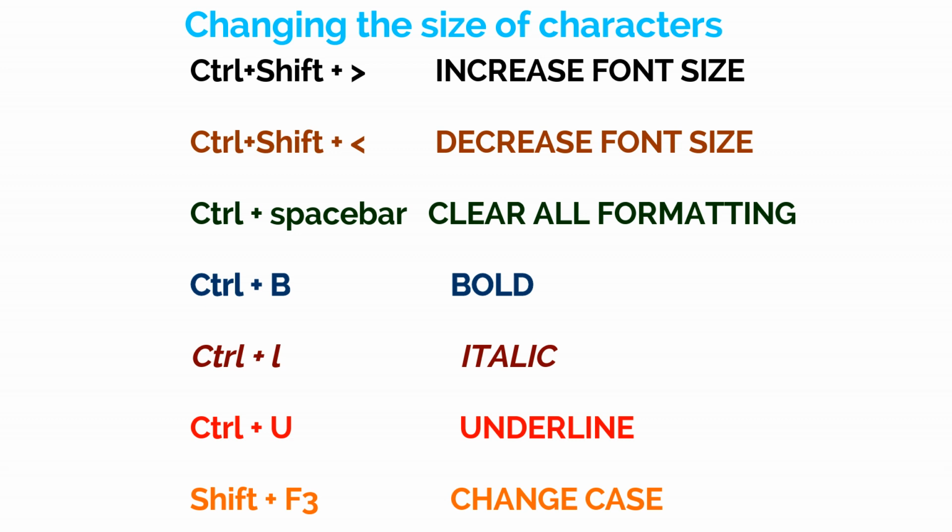Control plus B helps to bold the font, and Control plus I helps the font to italics. Then Control plus U helps you to underline the font, and Shift plus F3 helps you to change the case.